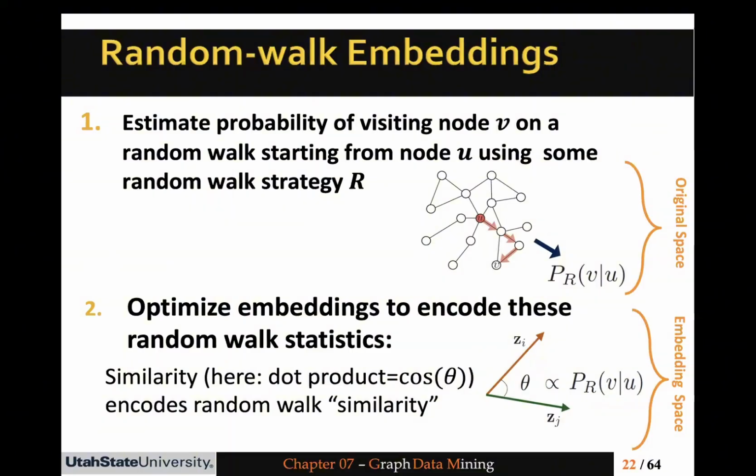The second thing in the random walk embedding is that I should be able to translate this probability in terms of the dot product between ZU and ZV in the embedding space, meaning that if the probability is high, then I want the cosine between Zi and Zj to be high as well.